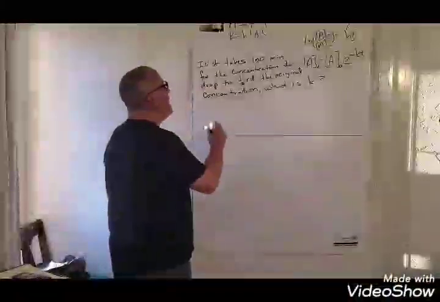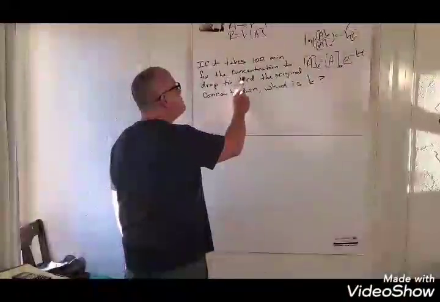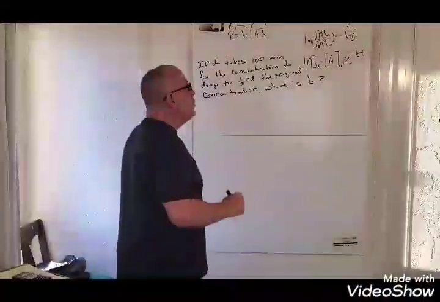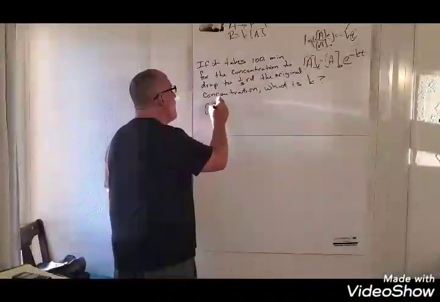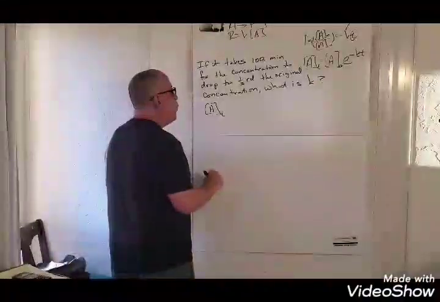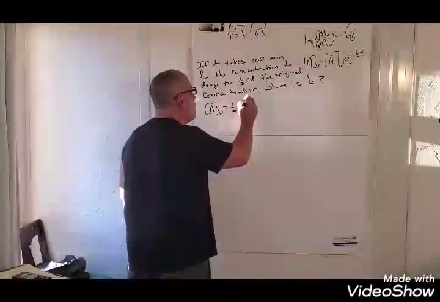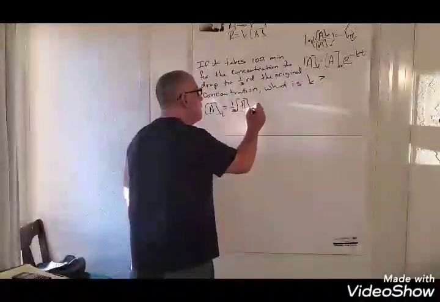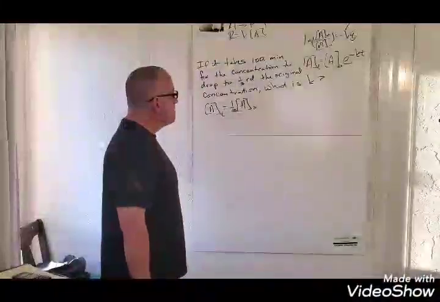Well, it says here, if it takes 100 minutes for the concentration to drop to 1/3 of the original, that means the concentration at that 100 minutes is equal to 1/3 the original concentration, right? Know what that means?